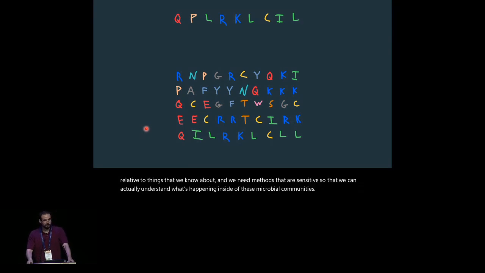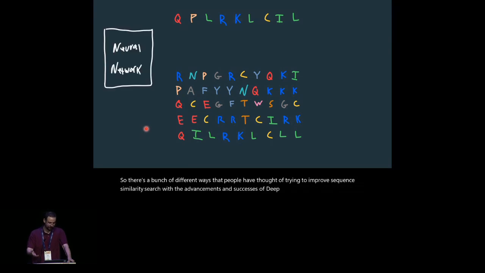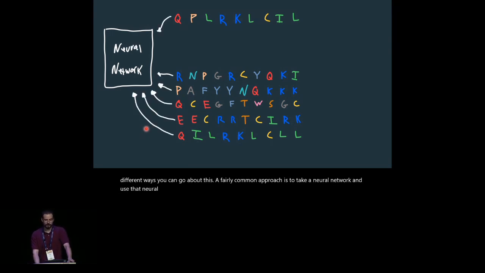So there's a bunch of different ways that people have thought of trying to improve sequence similarity search. With the advancements and successes of deep learning, people have, of course, thought of applying deep learning to sequence similarity search. A fairly common approach is to take a neural network and use it to embed your sequences.